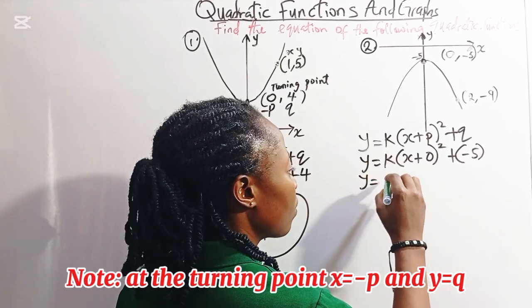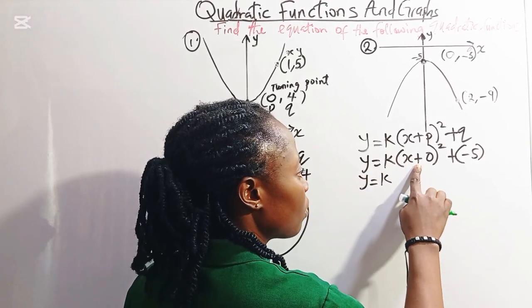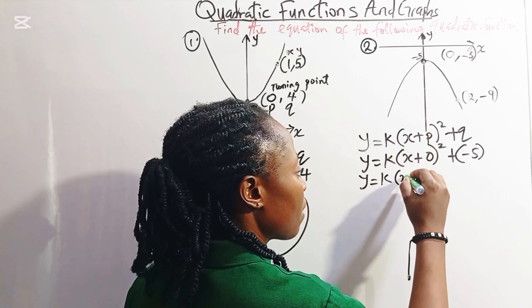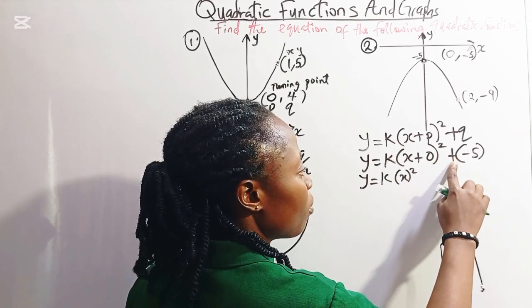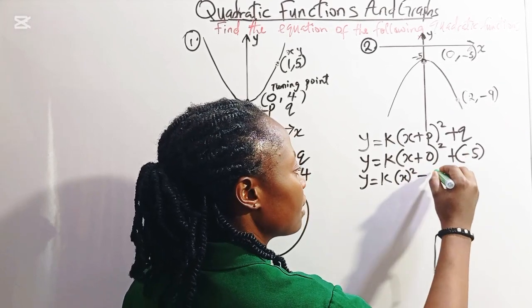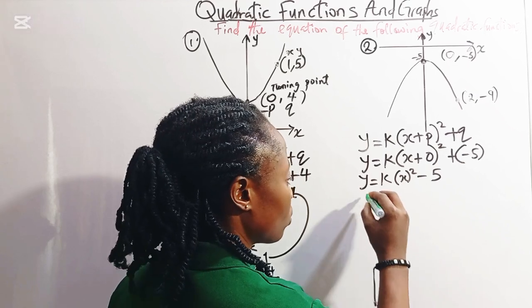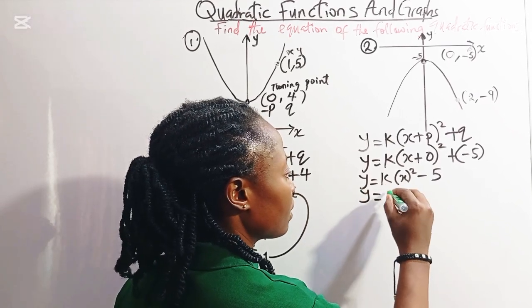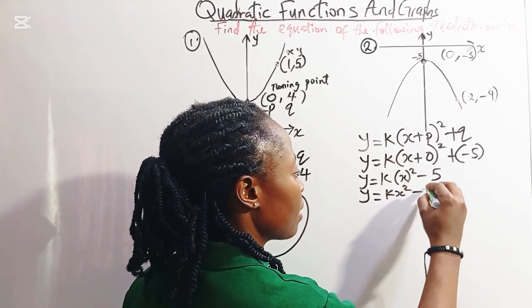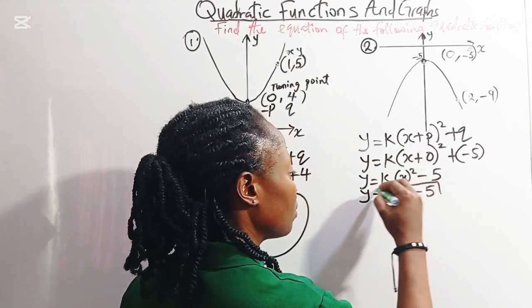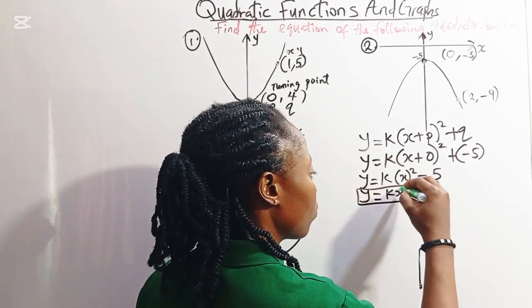So y equals k, x plus 0 is x squared, minus 5. So I have y equals kx squared minus 5. This is the formula we will be working with.